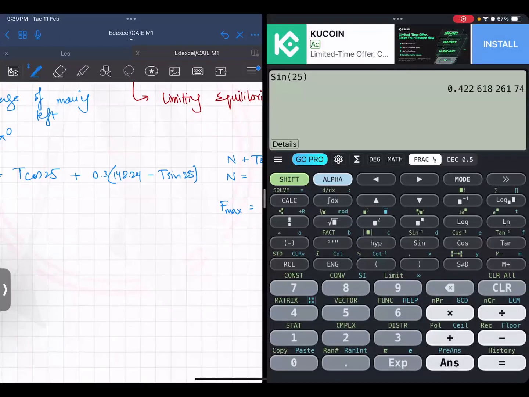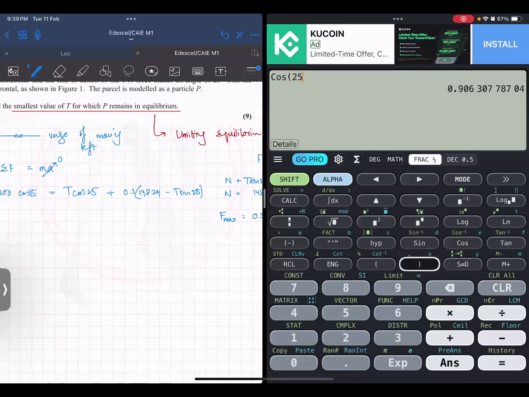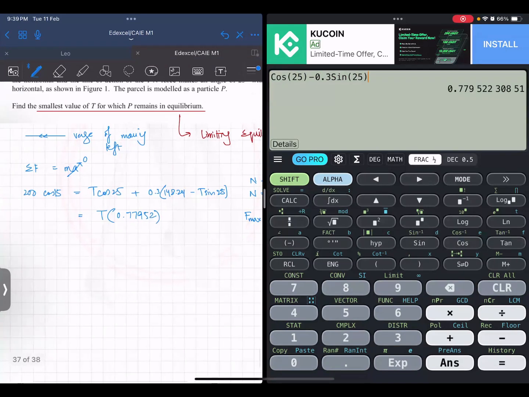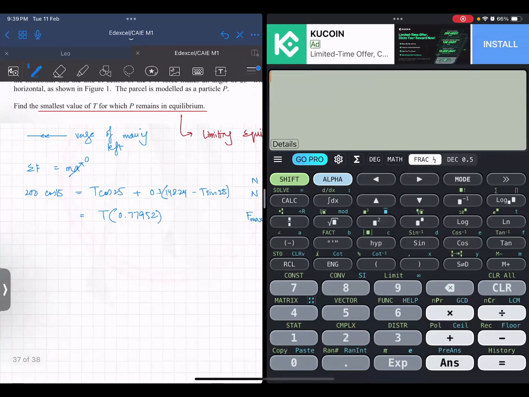So T cos 25 minus 0.3 sin 25, isn't it? So you are getting T times 0.77952, and 200 cos 15 minus 0.3 times 148.24.